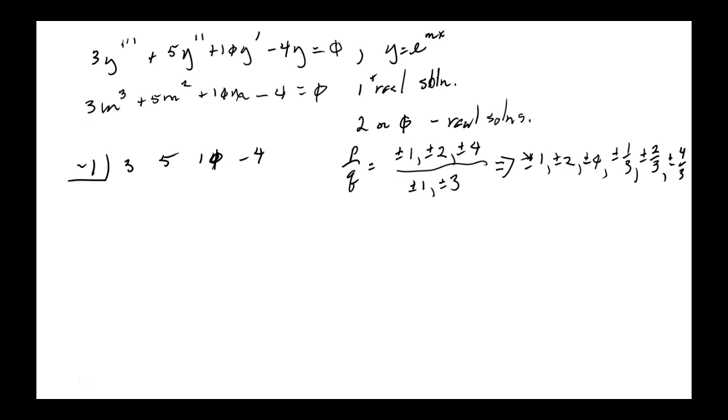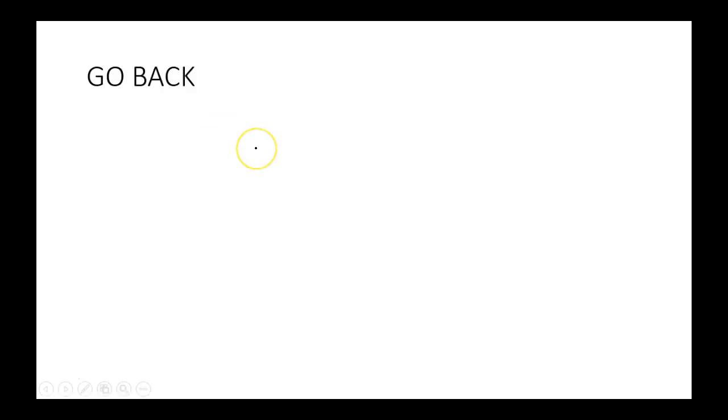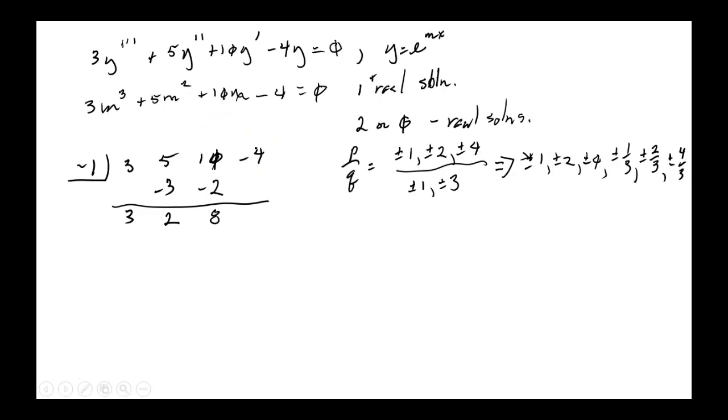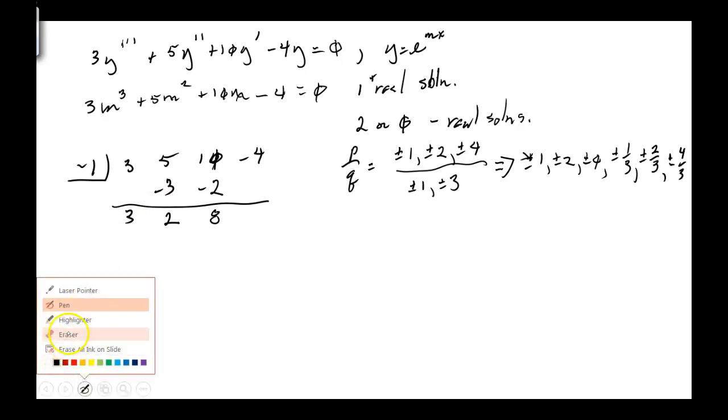It is, so we've not missed a term. Then my little rule is skip a line, draw a line. And then bring down the 3. And then from there you do? Negative 3. Yeah, negative 3. 2. Negative 2. Negative 2. 8. Negative 8. It won't work. So, negative 1 is also out.